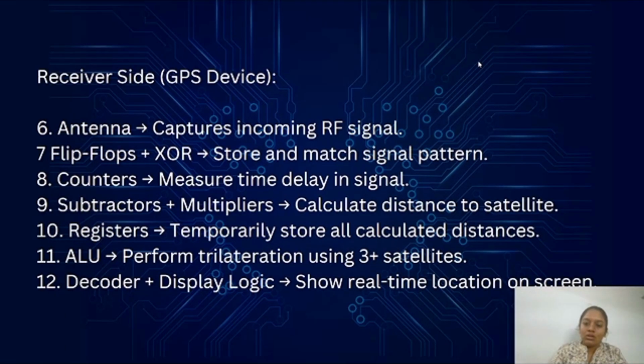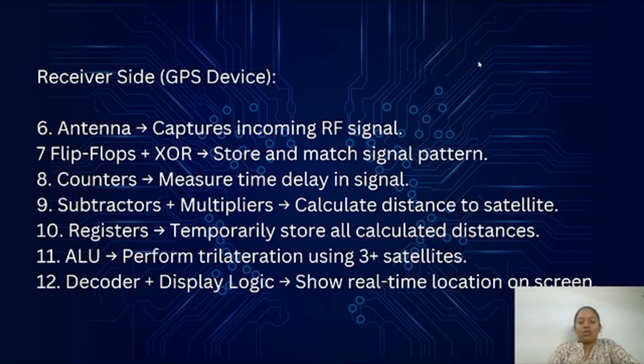Eighth is a counter that measures the time delay in the signal. The ninth step is a subtractor plus multiplier that calculates the distance to the satellite. Tenth is a register that temporarily stores all calculated distances. Eleventh is the ALU, arithmetic logic unit, that performs trilateration using 3 or more satellites. And the twelfth and last step is the decoder plus display logic that shows the real-time location on the screen.